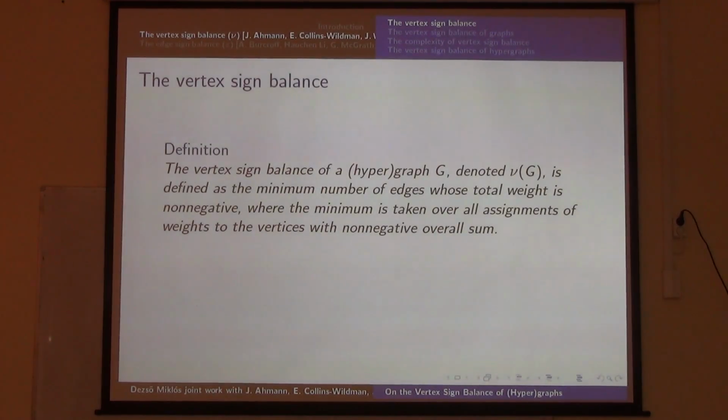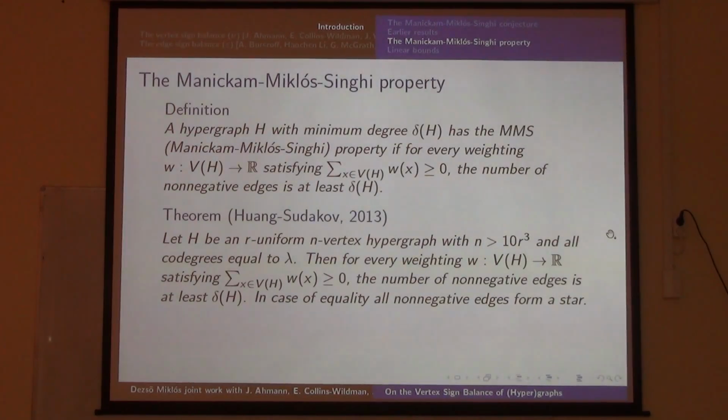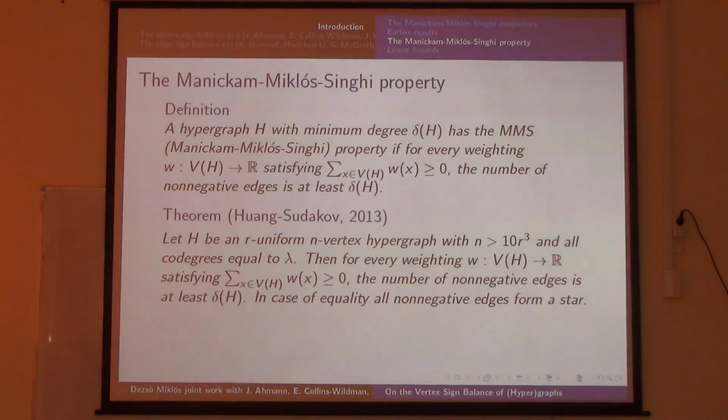The Manickam-Miklós-Singhi property, which was then introduced by Manickam and Singhi and others, led me to introduce this. Clearly here what we talk about is the number of non-negative edges. So what is the minimum number of non-negative edges if you have a weight assignment to the vertices with a total sum being positive?